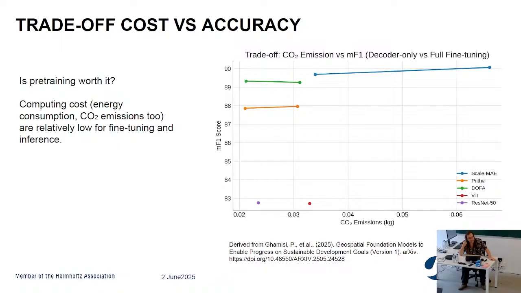So it means that the energy that we use in pre-training makes sense to have spent, because we obtain some gain, and in the end, when actual users deploy it, they are not really spending much more.